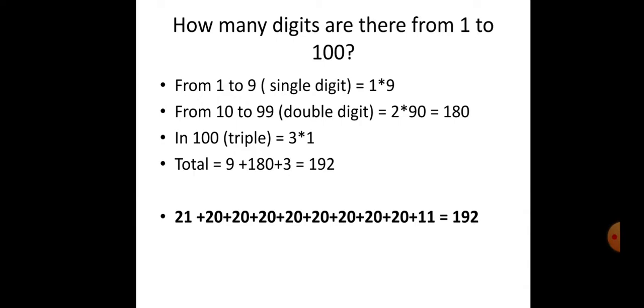And if you write from 10 to 99, there are 90 terms which are made up of two digits, like 10 is a 2 digit term, and 11, 12 likewise. If you go on till 99, you have to write 90 times the 2 digit term, so there will be 180 digits, and in 100 there are 3 digits. So if we go from 1 to 100, there are 192 digits.